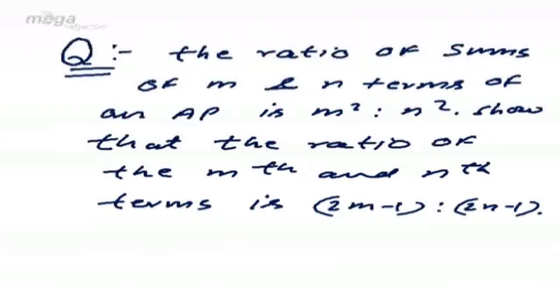The question is: the ratio of the sums of m and n terms of an AP is m square is to n square, prove that the ratio of the mth and nth terms is 2m minus 1 is to 2n minus 1.